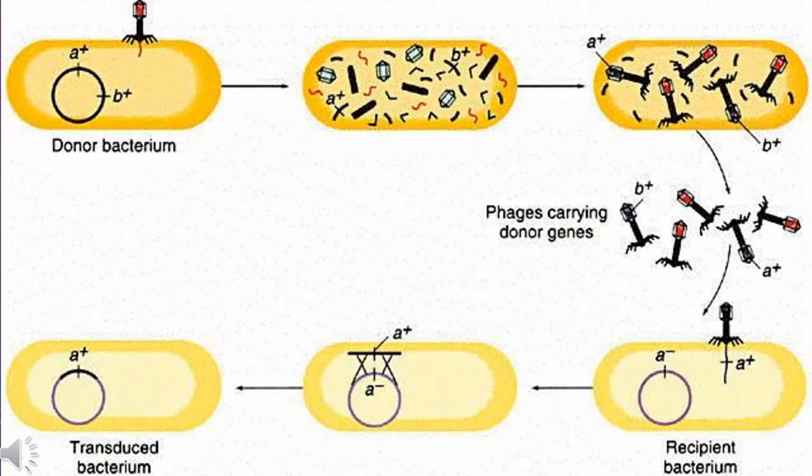In this case, a phage containing an A plus gene infects another bacterial cell containing an A minus gene. Now, this phage with the A plus gene incorporates its genetic material into the bacterial cell genome, and by recombination, this bacterial cell will have this A plus gene and will produce products related to the A plus gene. And that's how generalized transduction happens.